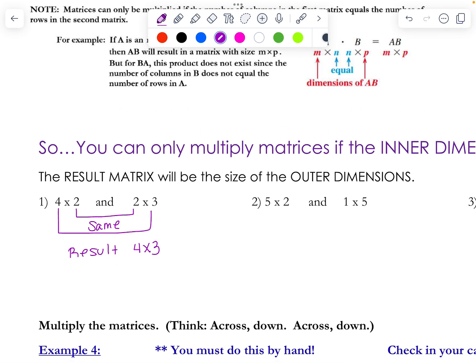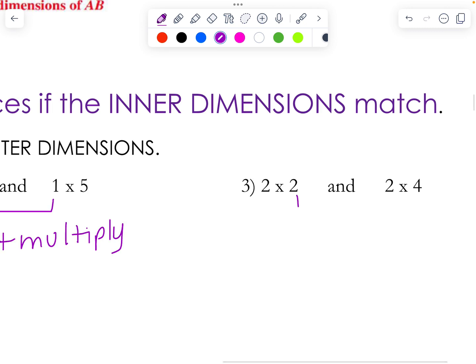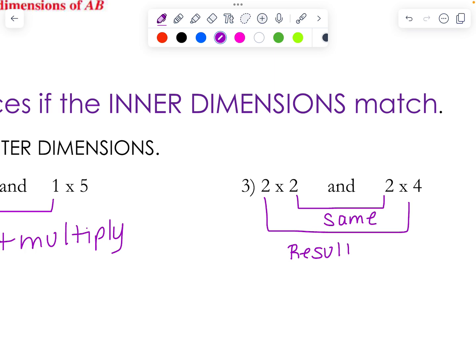If I look at my next one, the inners are not the same, so I can't multiply. So you would just write can't multiply. Now for number 3, these two are the same, so I can multiply, and my result would be a 2 by 4.